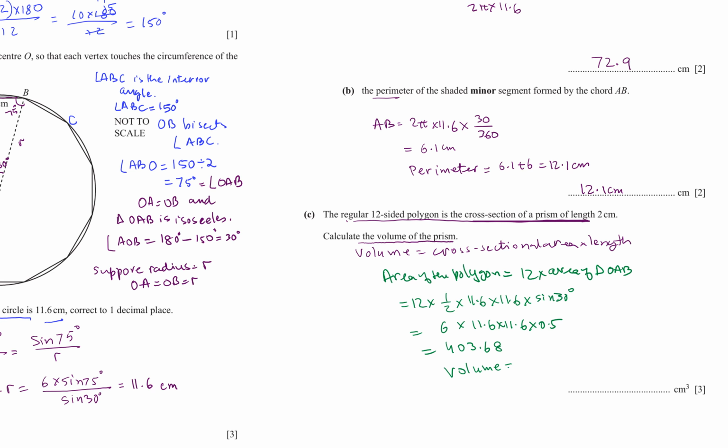So volume is 403.68 multiplied by 2, and that is 807.36 or 807.4 centimeters cubed.